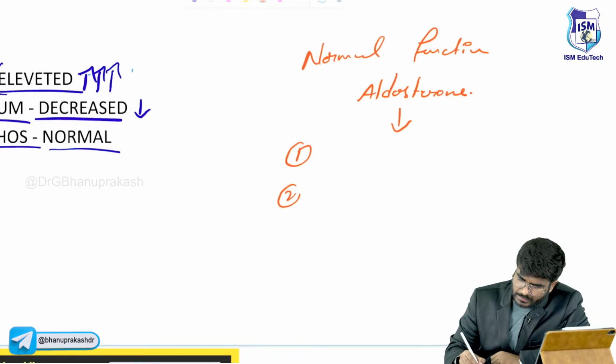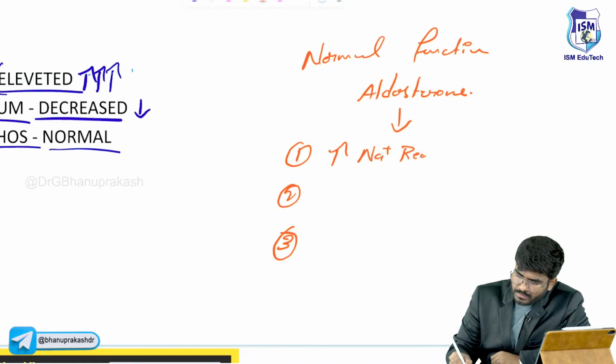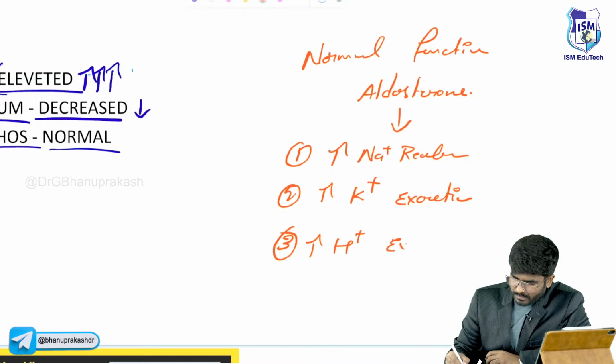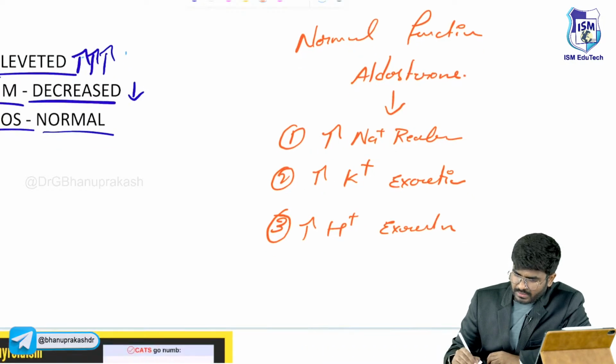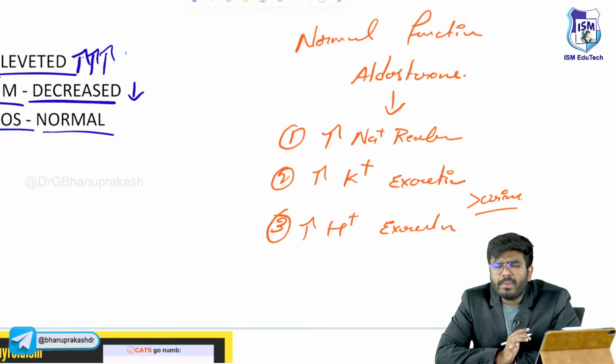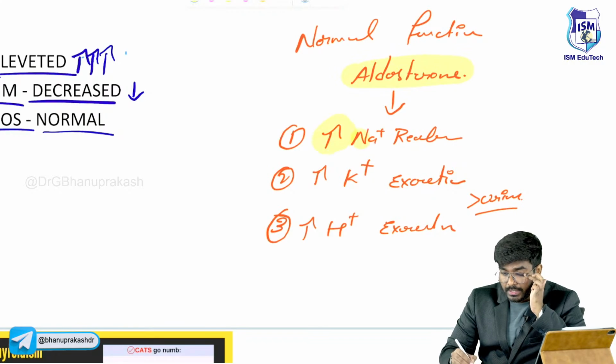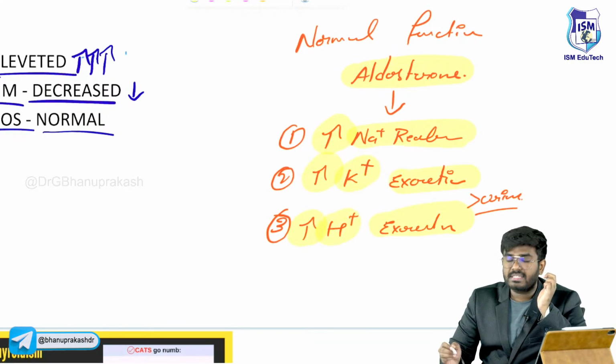Aldosterone increases the sodium reabsorption, and increases the potassium and proton excretion in urine.